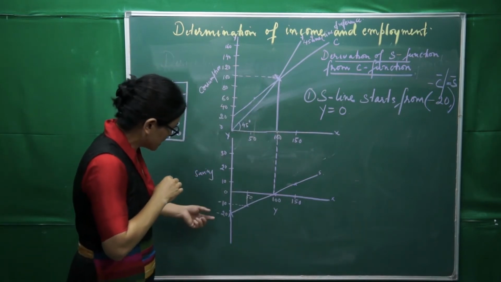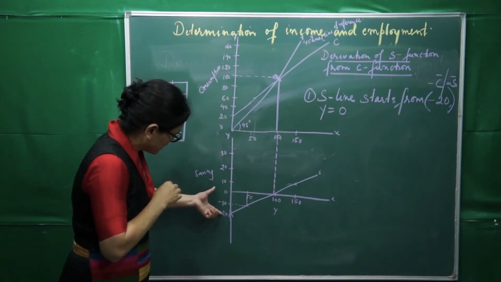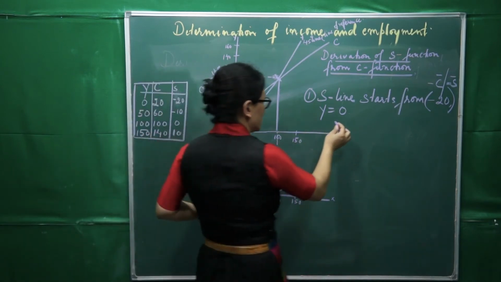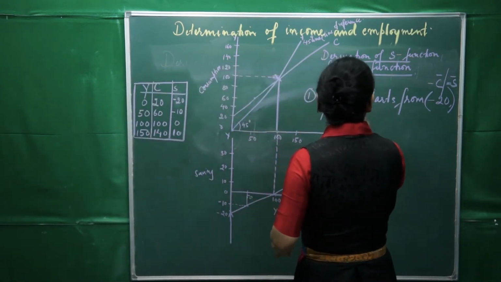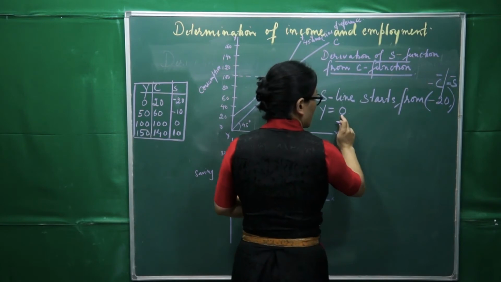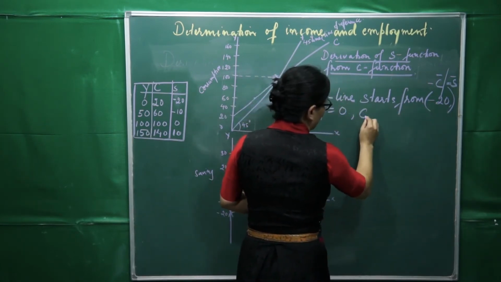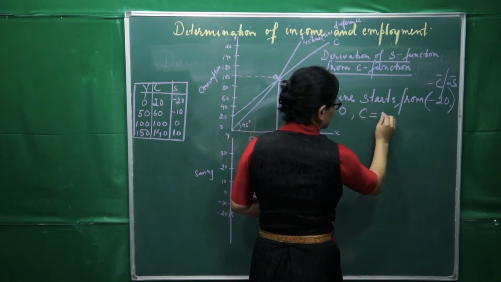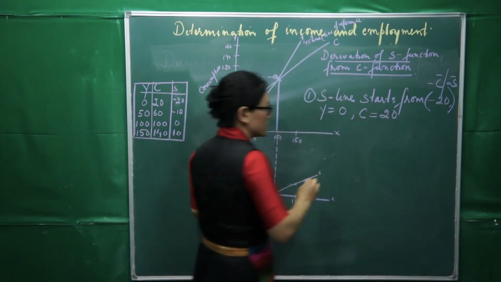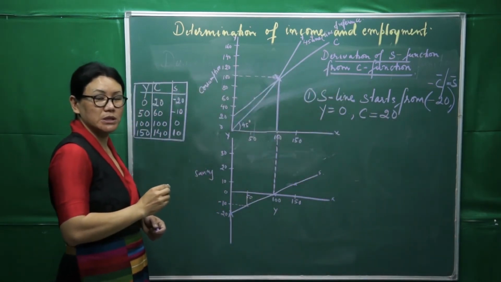Here I said when income is 0, we are getting negative saving this much. And how about consumption? Consumption is this much, C is equal to 20.